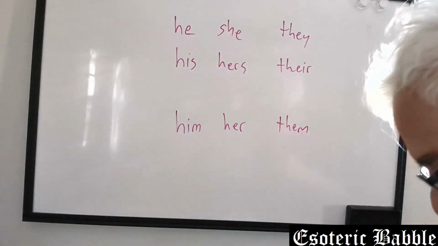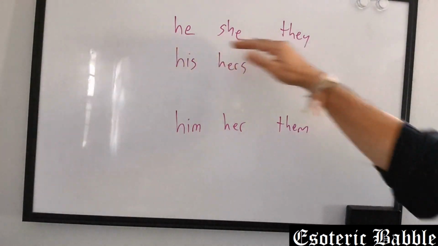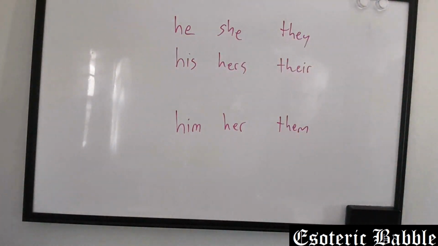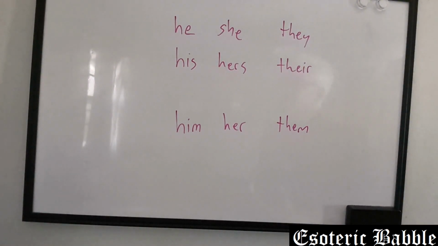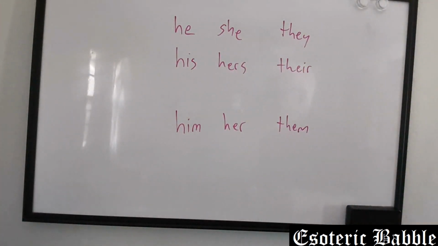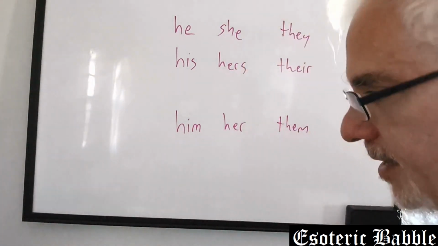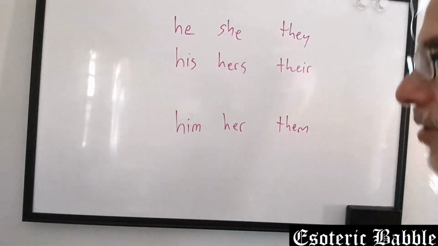Now, the thing about this is, all the words in this top row are in what we might call the subject form. They are the subjects. He likes ancient Greek. She studies ancient Greek. They are taking a Greek class together, something like that.